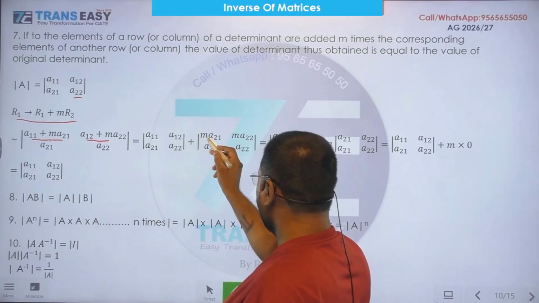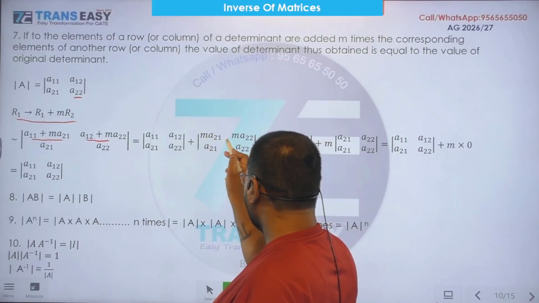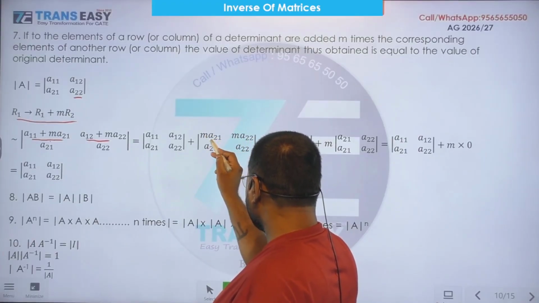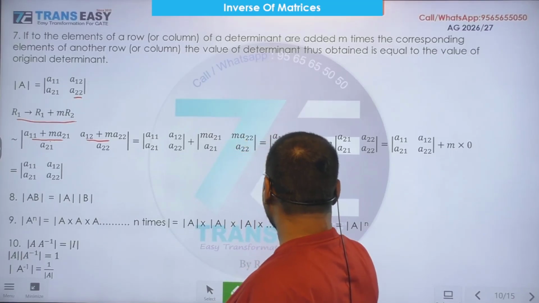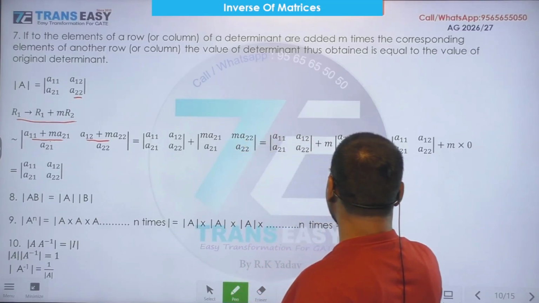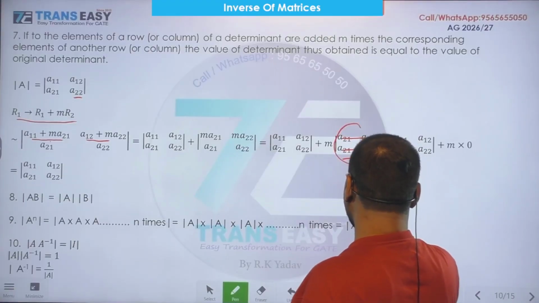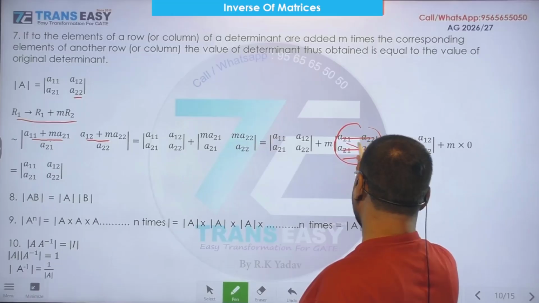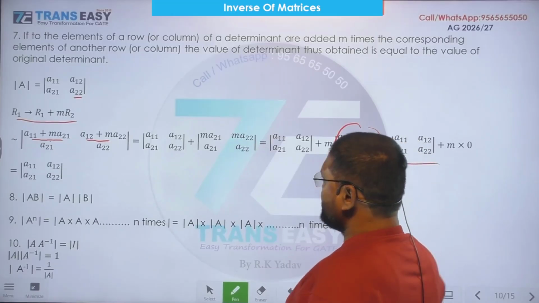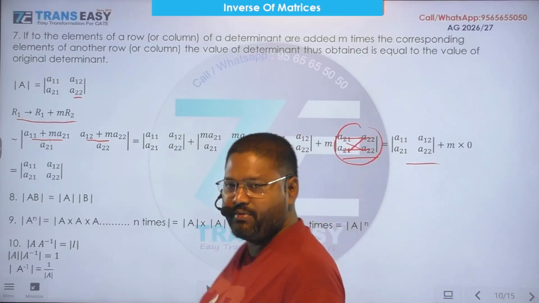Take m which is common in the first row element. तो यहाँ से लेके आ सकते हैं हम लोग. First row and second row both are identical, its value will be zero. या आप करो ना ऐसे मल्टीप्लाई करके वैल्यू जीरो आ. तो this transformation is not going to change the value of determinant.